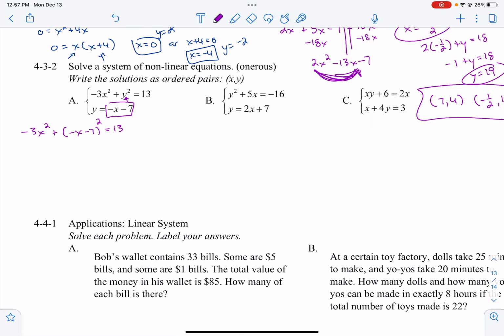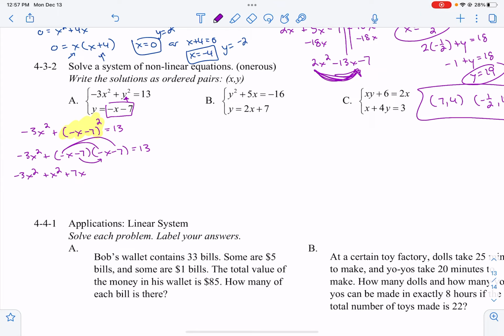Now we've got to be careful of this part right here because I have negative 3x squared, and remember that means (negative x minus 7) times (negative x minus 7). So negative x times negative x is a positive x squared. Negative x times negative 7 is a positive 7x.